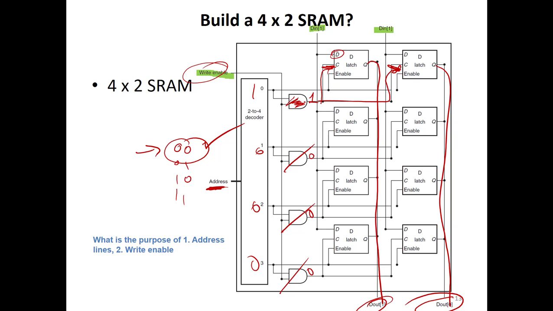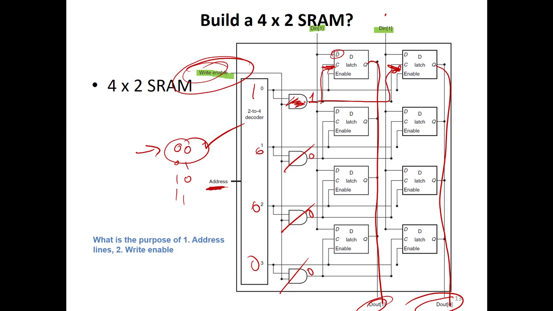And once they are selected, we can also, with the right enable, take in inputs from DN. Let's call this one DN sub 0 and DN sub 1. If you look carefully, you'll see that there's a small typo that says DN1, DN1, and actually this one here should be DN sub 0.